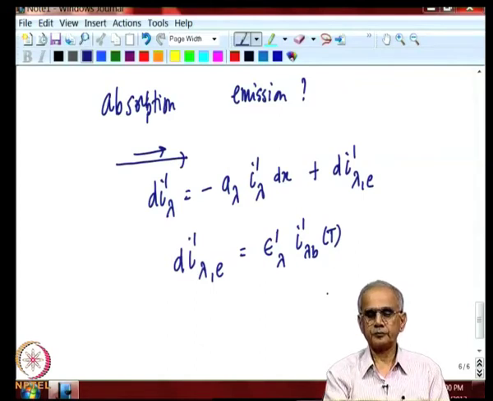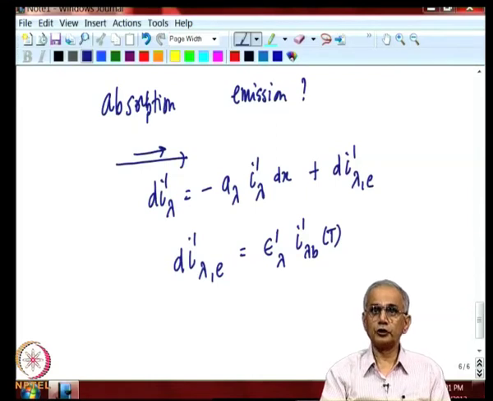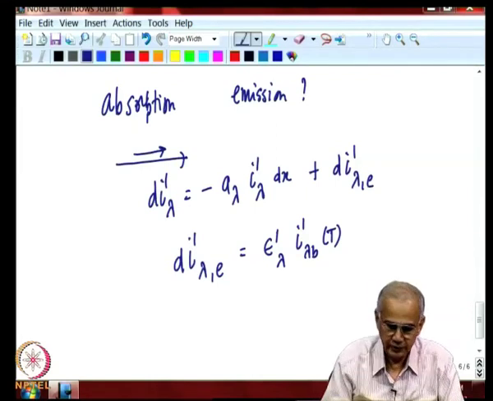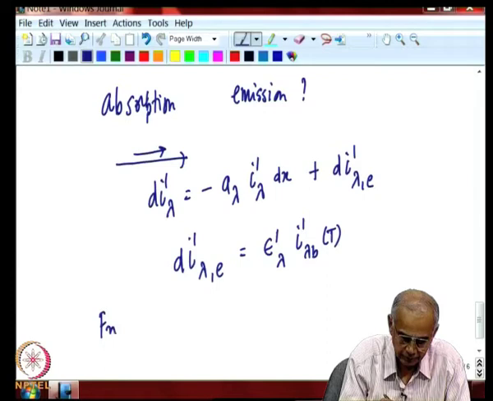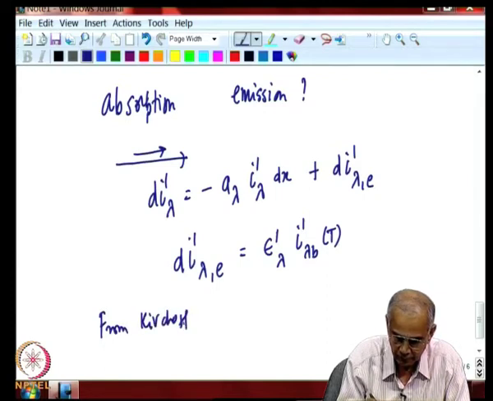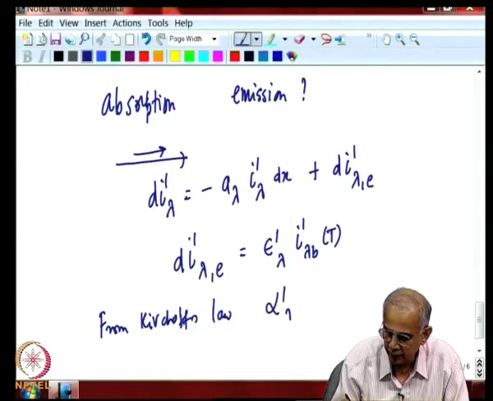Okay. So, this follows from the definition of emissivity. Now, we invoke Kirchhoff's law and say from Kirchhoff's law, alpha prime lambda equals epsilon prime lambda.